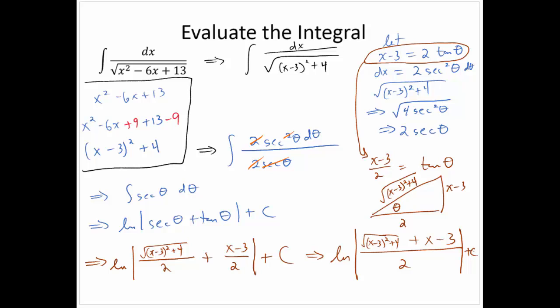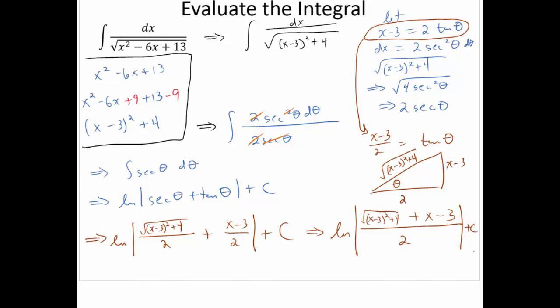And I can take this just a little bit further. Remember from our properties of logarithms, if I have the logarithm of a quotient, I can write that as a difference of logarithms. And so I can write this then as the natural log of the square root of x minus 3 squared plus 4 plus x minus 3 minus the natural log of 2 plus a constant.